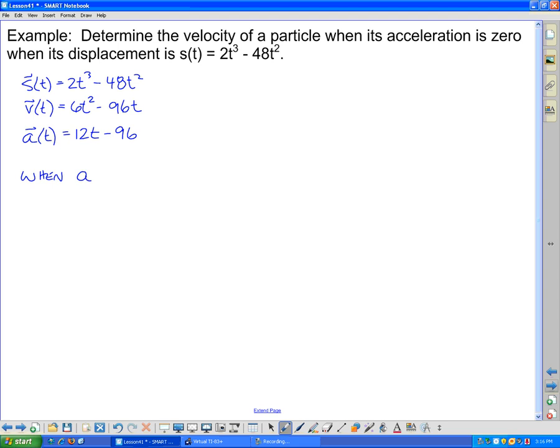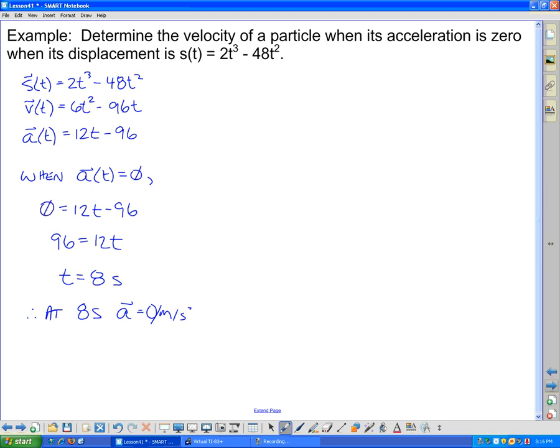So when acceleration is equal to 0, 0 equals 12t, take away 96. 96 equals 12t, and it does work out evenly. t equals 8 seconds. So therefore, at 8 seconds, acceleration is 0 meters per second squared.